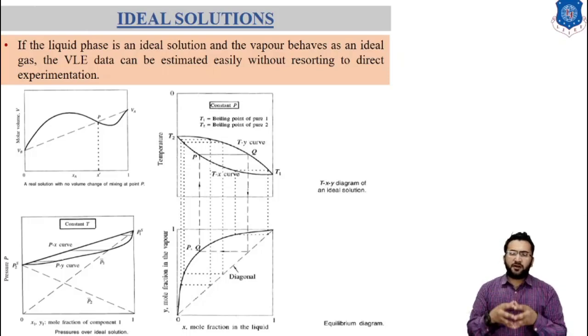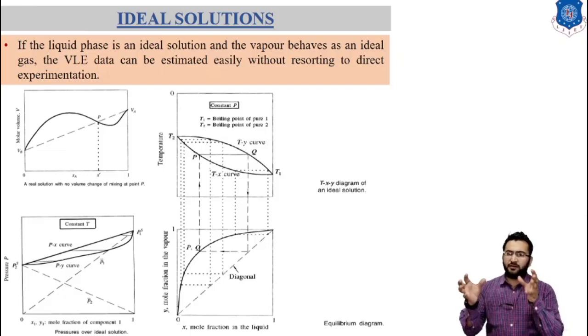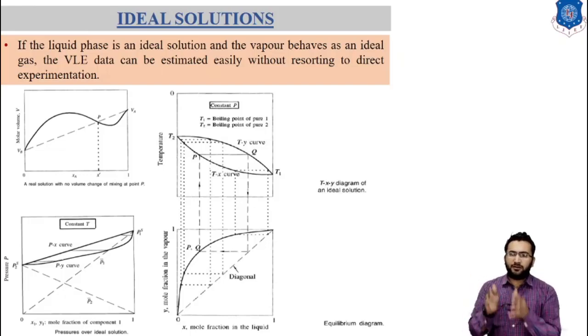Suppose there is a mixture of two components, component A and component B. If we mix both components, there will be no absorption of heat and no evolution of heat from this system. Then it can be said that this system is an ideal solution.